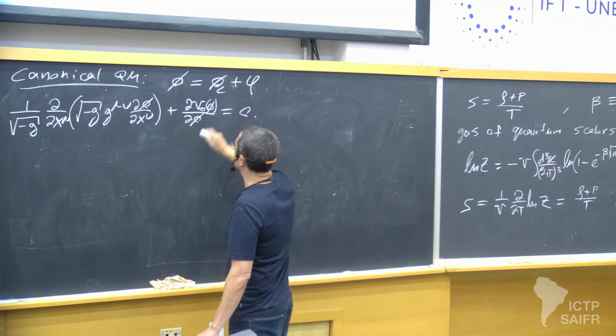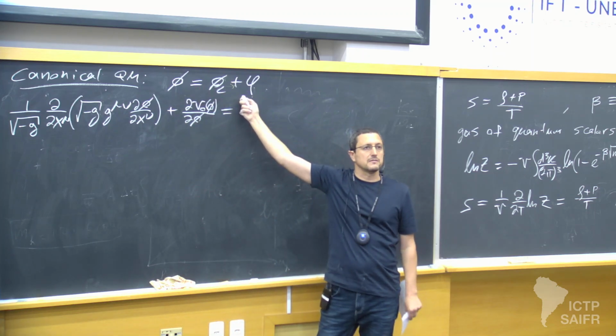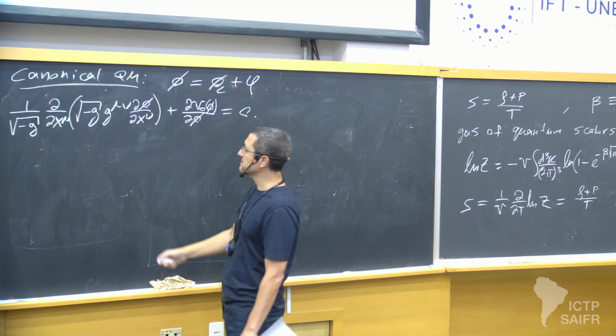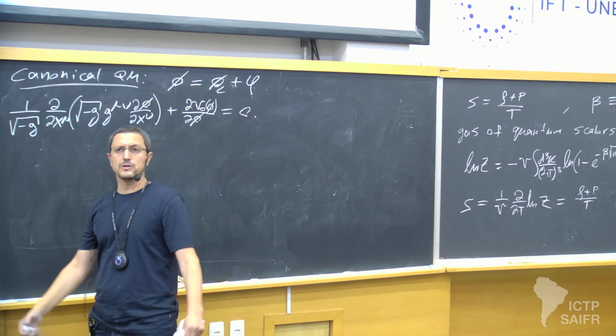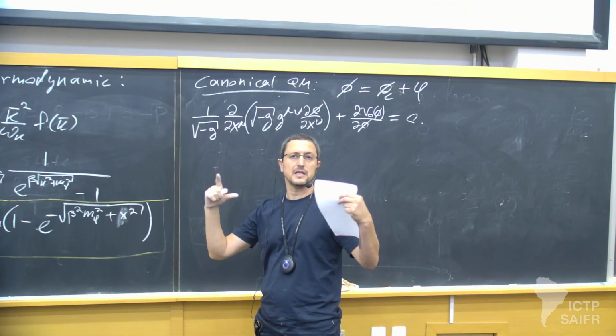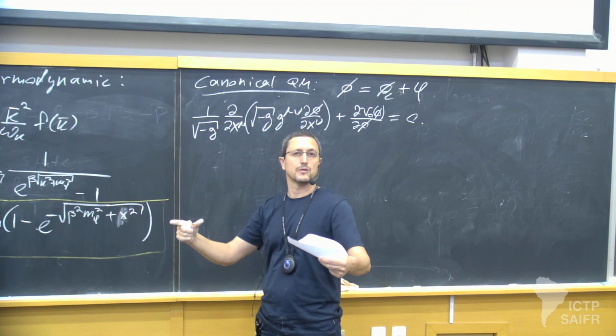So what we're going to do is simply take this equation and expand phi around the fluctuations. Let's take this phi and expand it in our fluctuations. Then we're going to take the expectation value of the equation we got, and we're going to ask that on average it is 0.